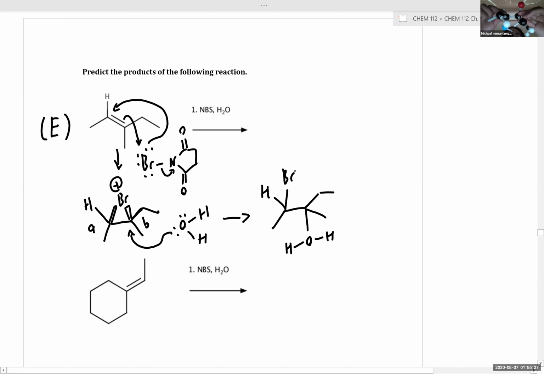Okay, here we go. So as we can clearly see, our bromine and water are on opposite faces.